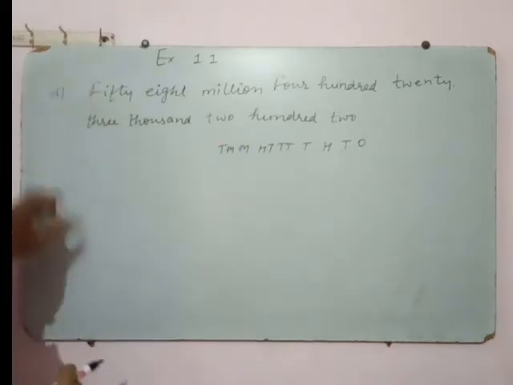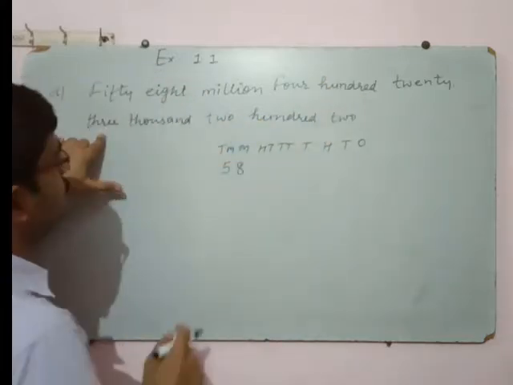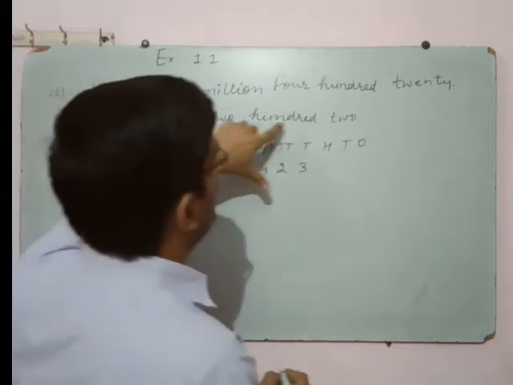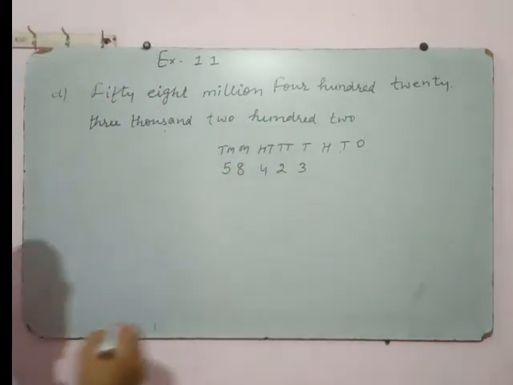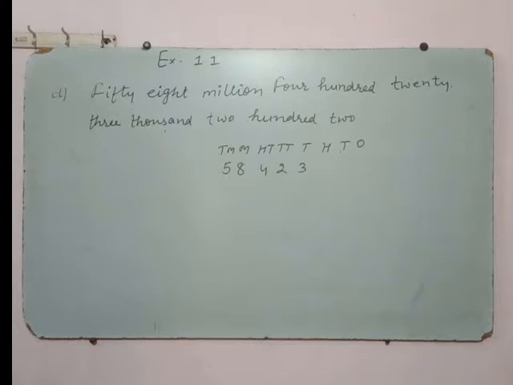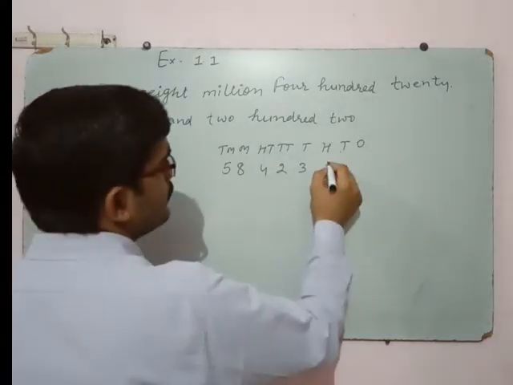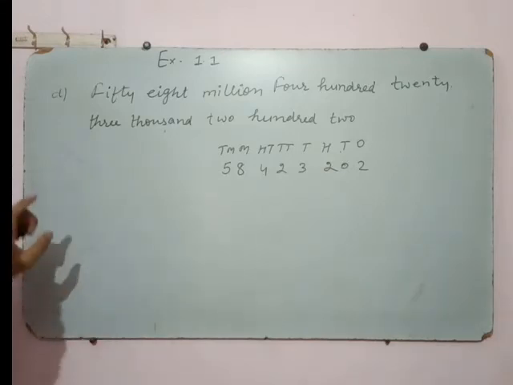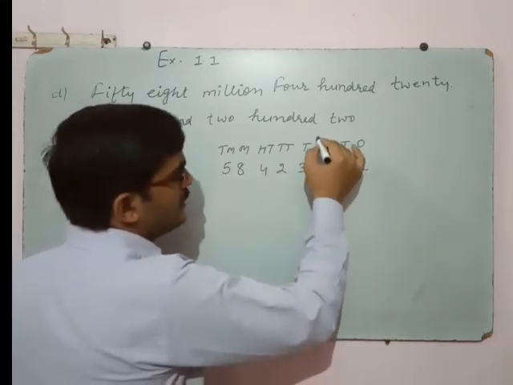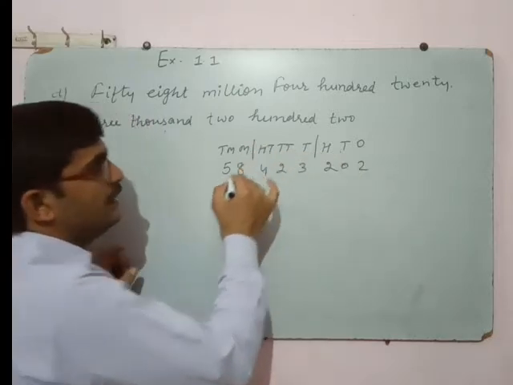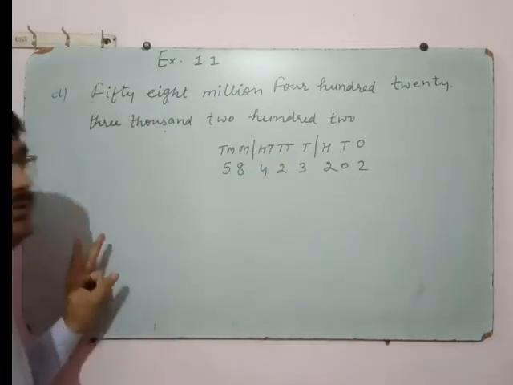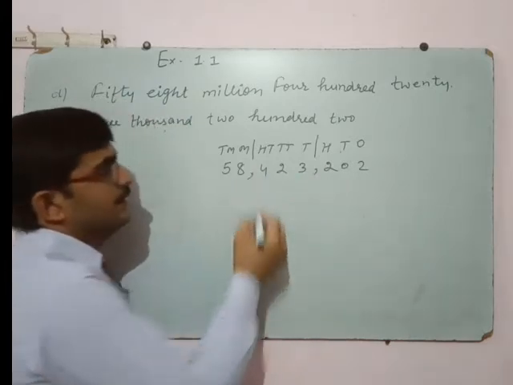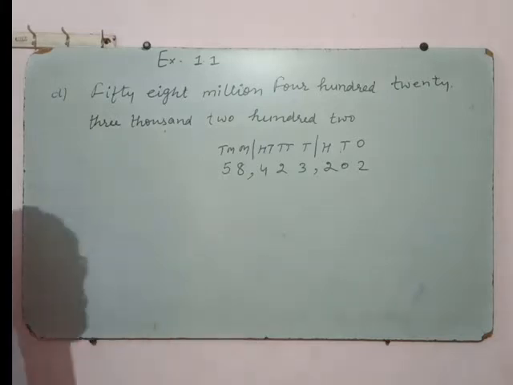Okay, so 58 million 23,202. So this will be the answer. Okay. Now we know that in the international system there are 4 periods and each period has 3 places. So we will put the comma on 3 places in each group. First, second. So this will be the answer.